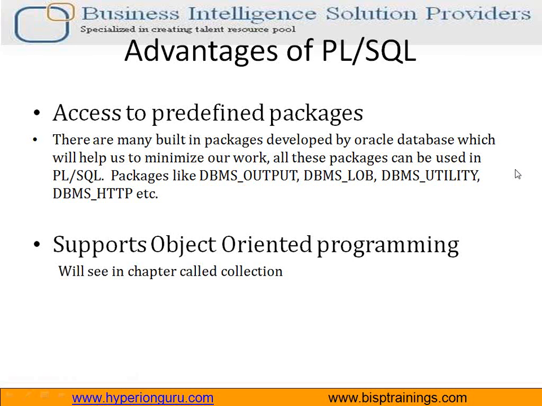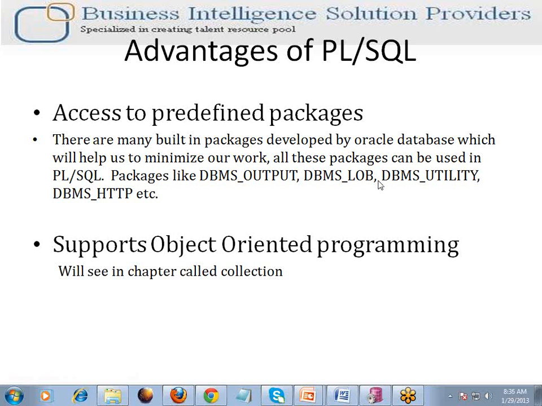dbms_lob deals with large objects like movies and pictures. You will see one after storing pictures, any photo, in JPG or BMP format. DBMS_UTILITY is a very advanced package developed after Oracle 10g, I suppose, where they have given many options.